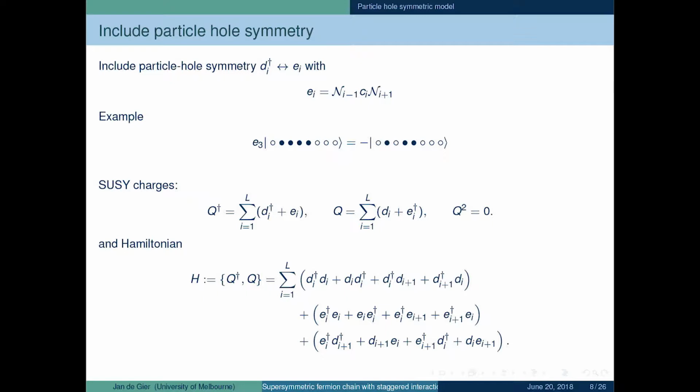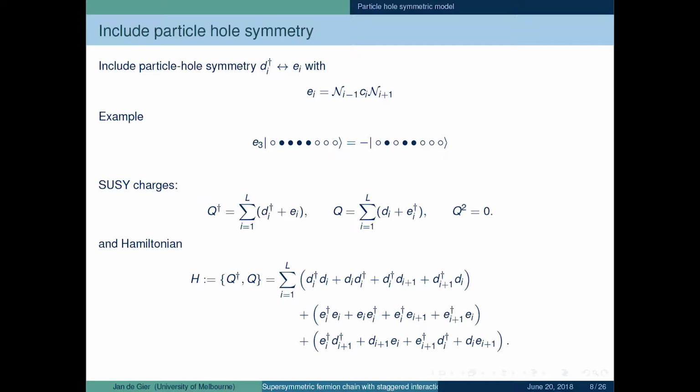So we included new operators E that are annihilation operators, so they remove a hole at site I, provided the nearest neighbors are filled. Right? So this is non-zero only if you have, here's an example.